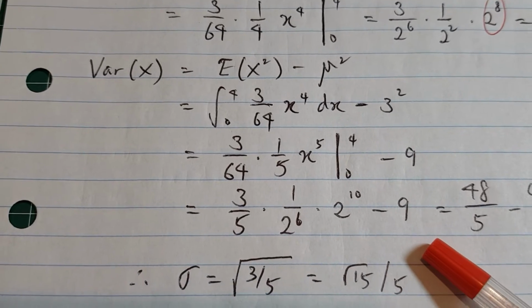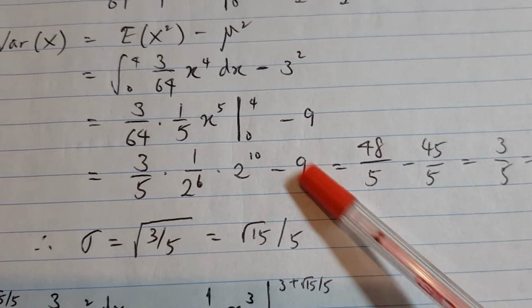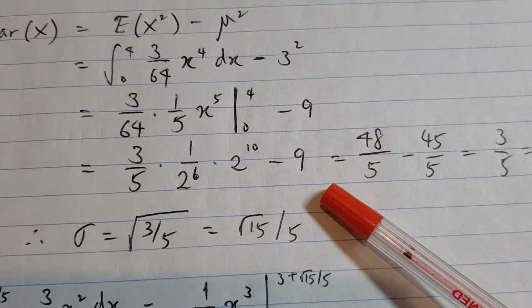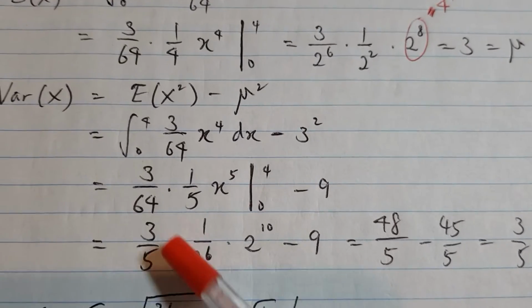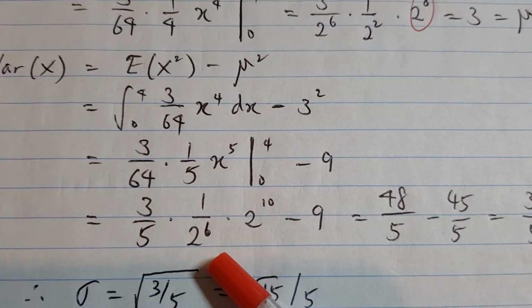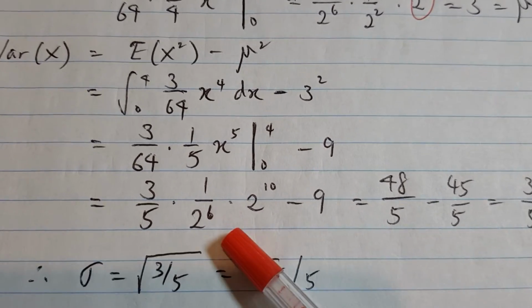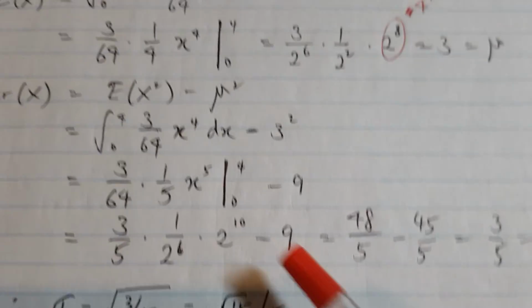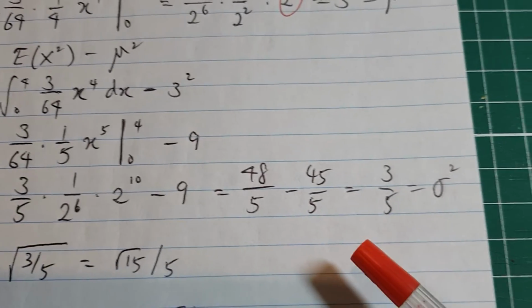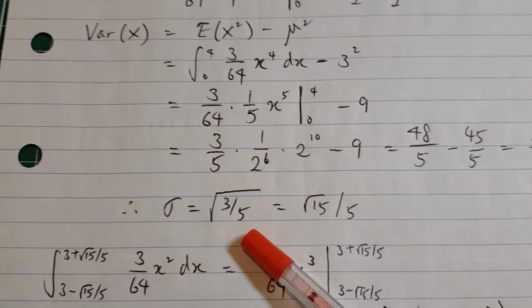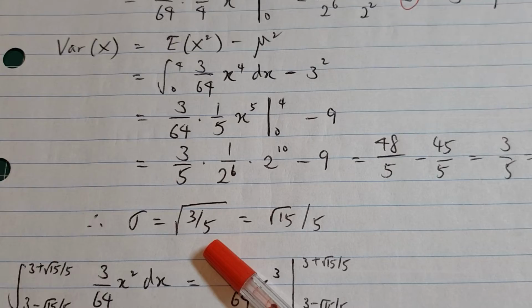And then the next one is the actual evaluation. Lucky I've got 0 there, so I don't need to worry about the second term. Okay, so take the 5 out and expressing 64 as before, as 2 to the 6, and 4 to the 5 as 2 to the 10, the same, and you get that, and that's 3 on 5 to be the variance. Hence, the standard deviation is this.